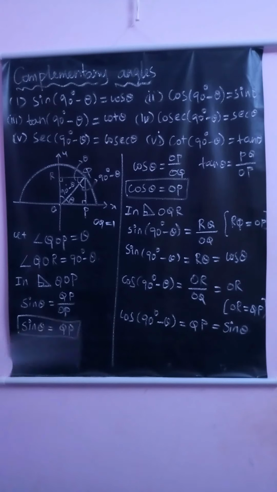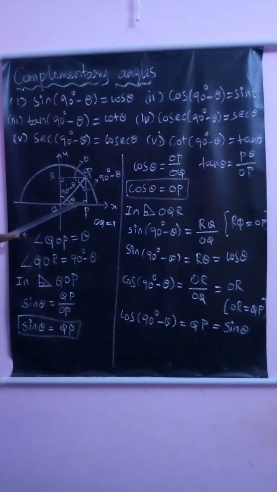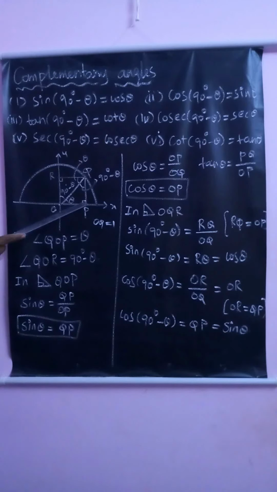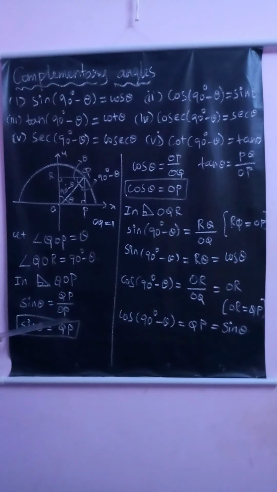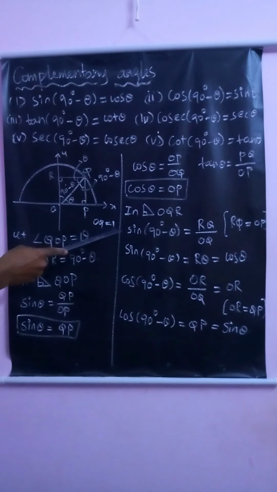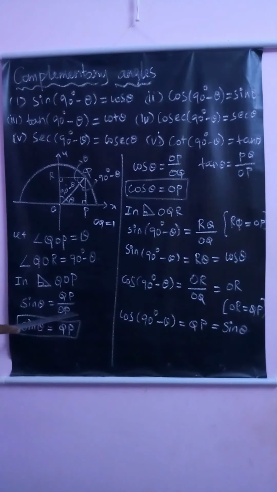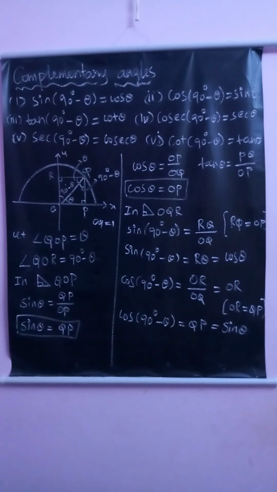So sin theta equals opposite side by hypotenuse. Here the side opposite to theta is QP, divided by the hypotenuse, which is opposite the right angle, that is OQ. OQ is the radius, which is 1 unit, so QP divided by 1 is QP. Similarly, cos theta equals adjacent side divided by hypotenuse.